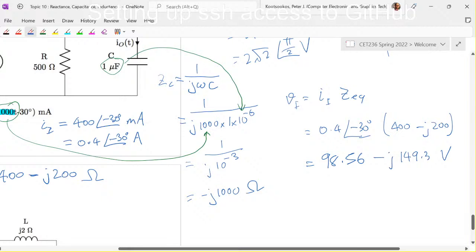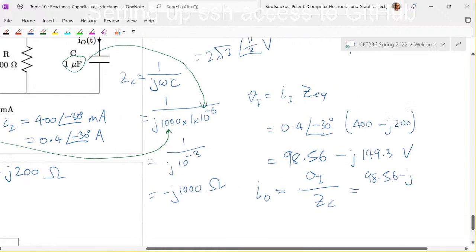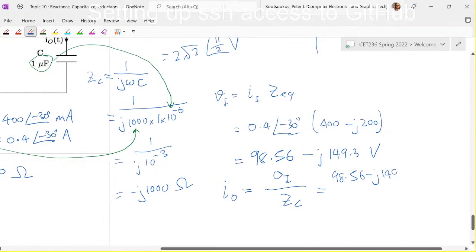We need to figure out what I out is, and that's the input voltage divided by ZC, which is 98.56 minus J 149.3 divided by minus J 1000.